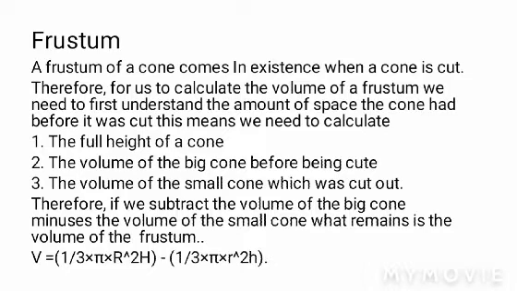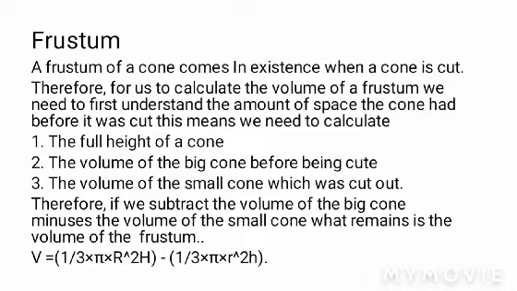And number three, the volume of the small cone which was cut out of the big cone. Then we can find the volume of the frustum by subtracting the volume of the small cone from the volume of the big cone. What remains is the volume of the frustum.